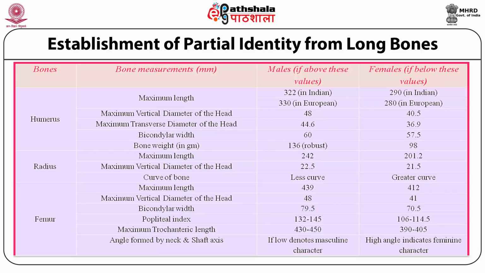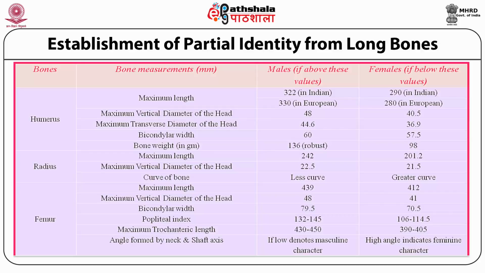In case of males, the maximum length of humerus is 322 mm in case of Indians, whereas it is 290 mm in case of Indian females. The bicondylar width is 60 mm in case of males and it is 57.5 mm in case of females.